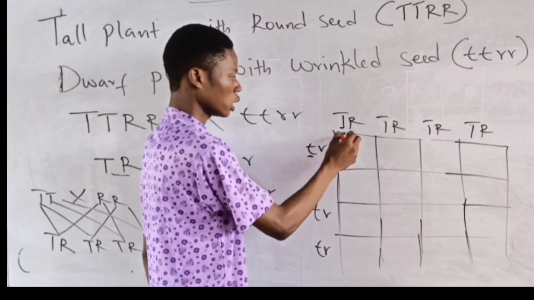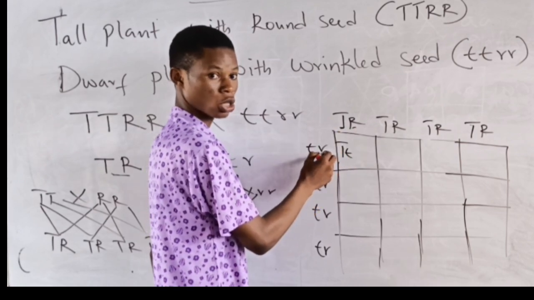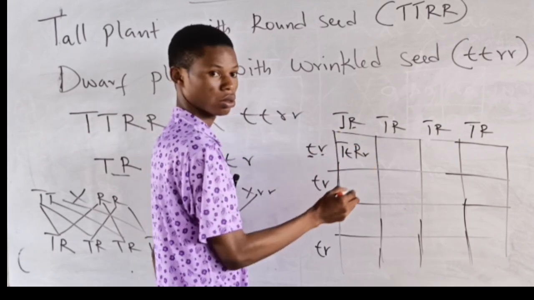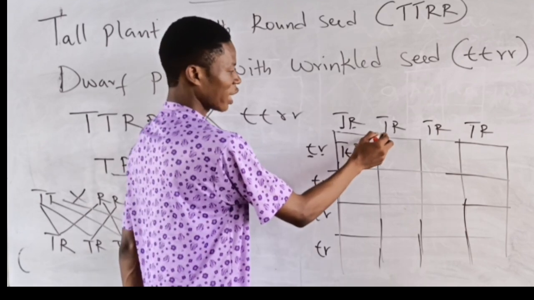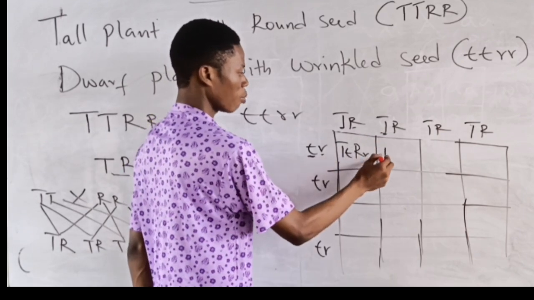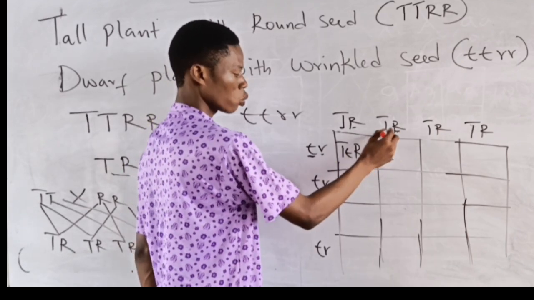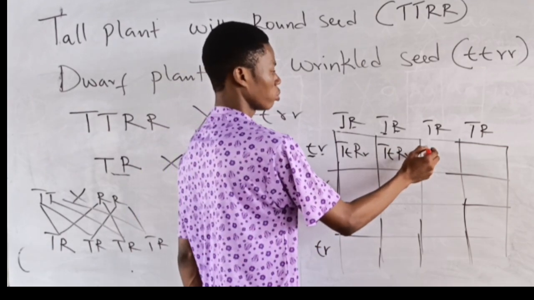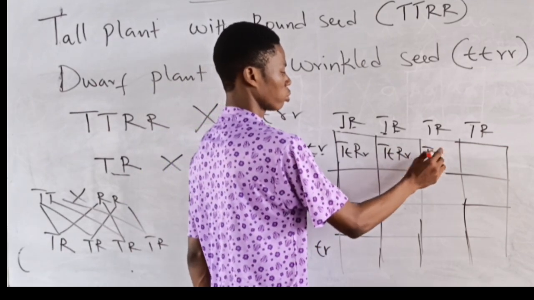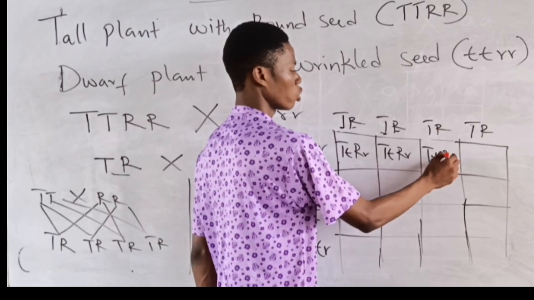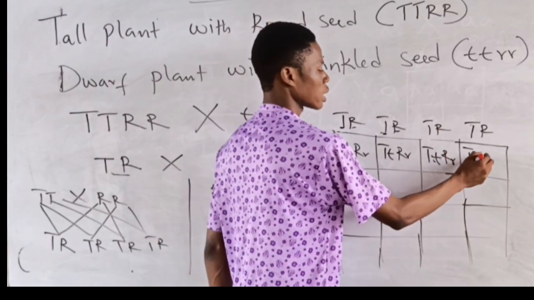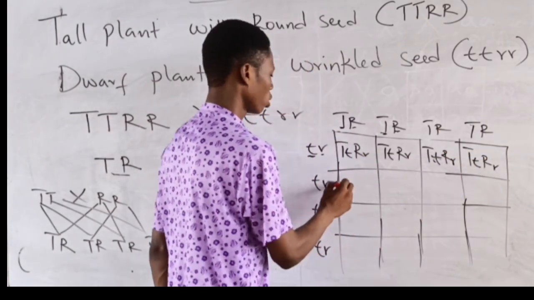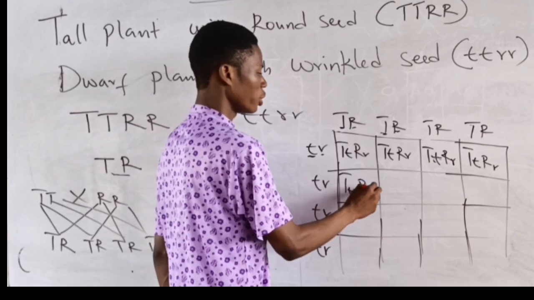Capital T, small t, capital R, small r. You notice that all of them will be the same, right?